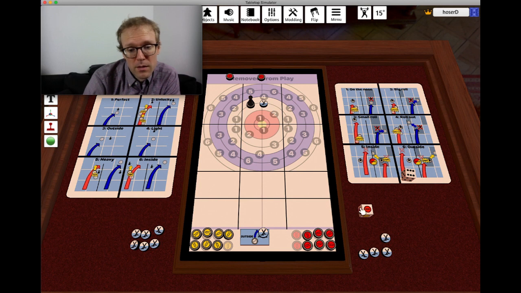So now red will flip the fate token, and if red wins this toss, red can remove this second stone as well. Now red could miss the toss, in which case yellow would say, nope, nothing else is hit. But this is one way that you can deal with frozen stones, by throwing peel weight at them.